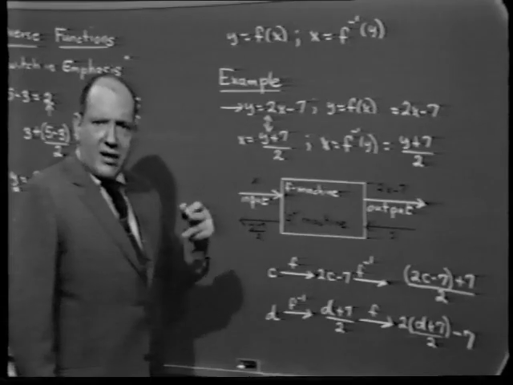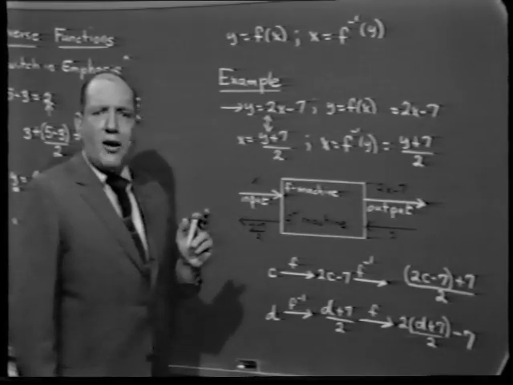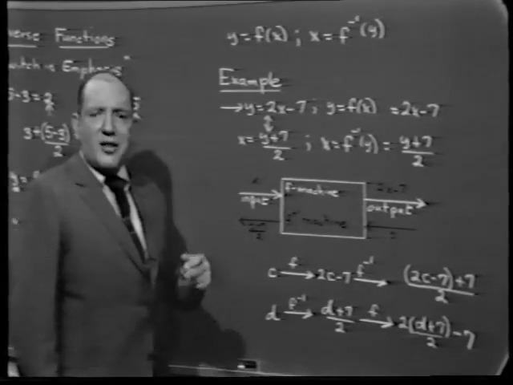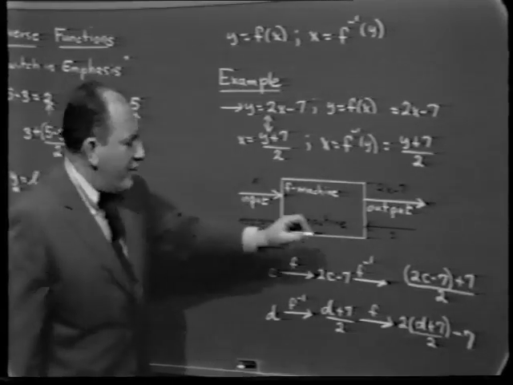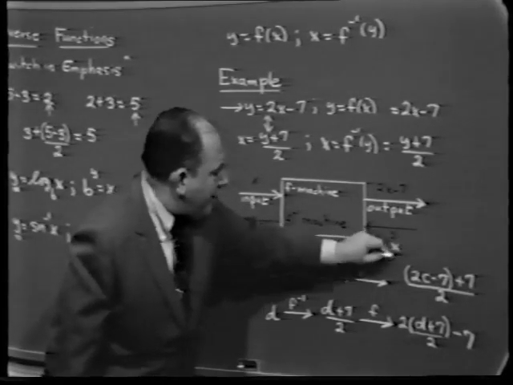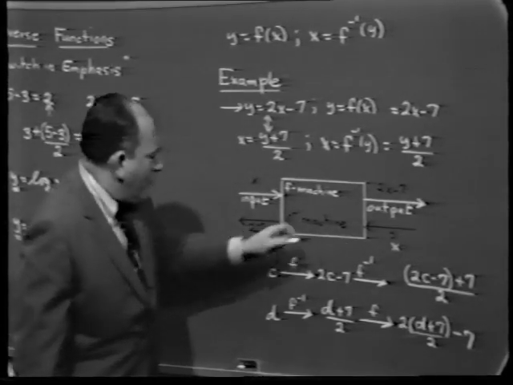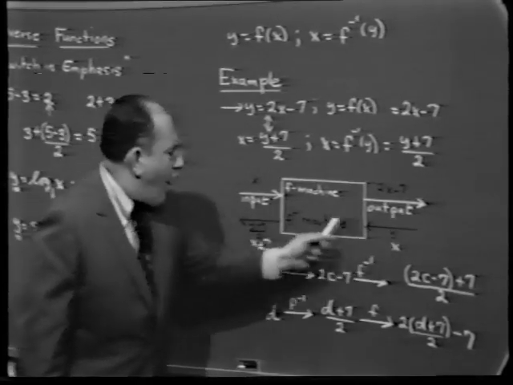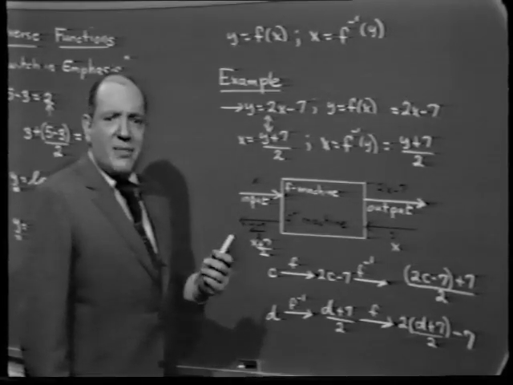You know, x is always the horizontal axis, y the vertical axis, and we always agree to plot the independent variable along the x-axis, in other words, the input along the x-axis, the output along the y-axis. Then the question is, could we have called this x and called this x plus 7 over 2? And we'll go into this in more detail in a little while, but obviously what we call the name of the input should not affect how the machine behaves.